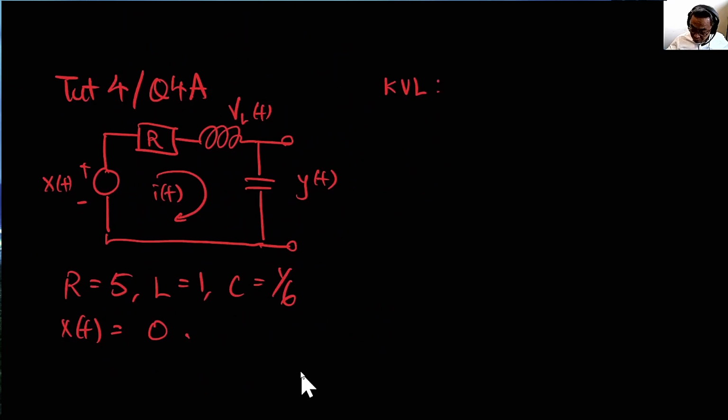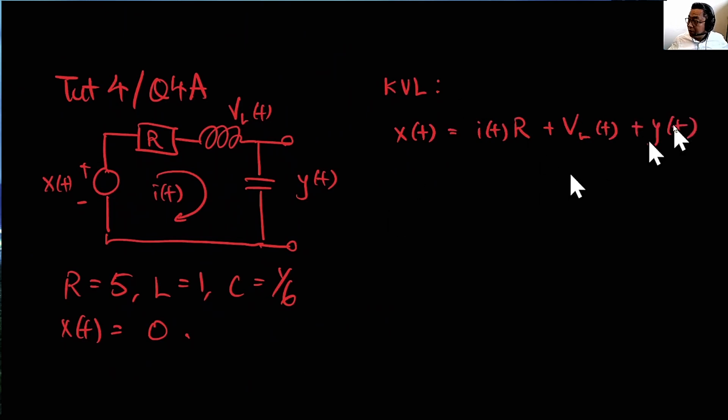We'll use Kirchhoff's voltage law and say that the signal across the entire loop x(t) is equal to the current i(t) multiplied by R plus V_L(t), which is the voltage drop across the inductor, plus y(t), the voltage drop across the capacitor.